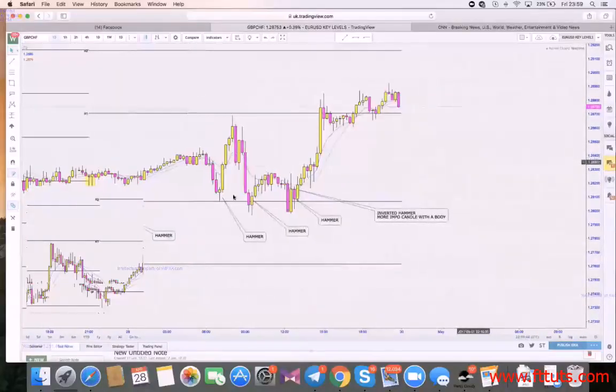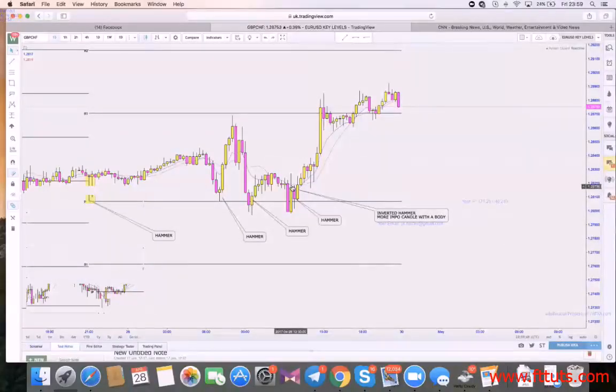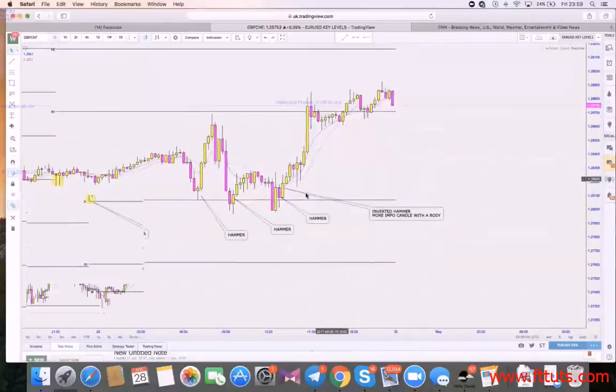You guys understand this? This candlestick, guys, I'm going to show you this candlestick. This candlestick is normally an inverted hammer, a badly shaped inverted hammer. First of all. Secondly, the significance of this candlestick is it has a body. Buyers are in the market.